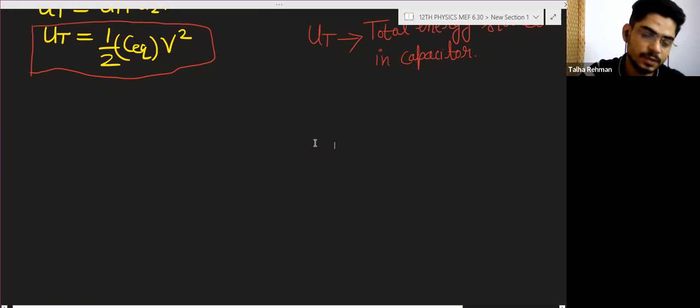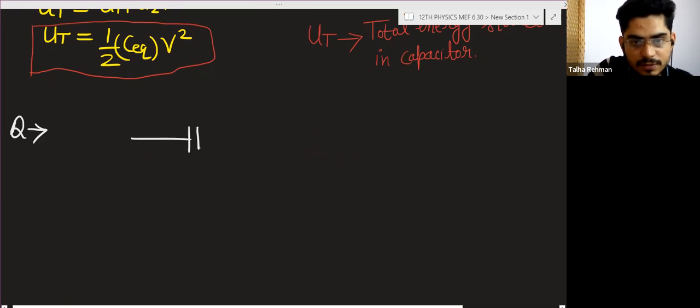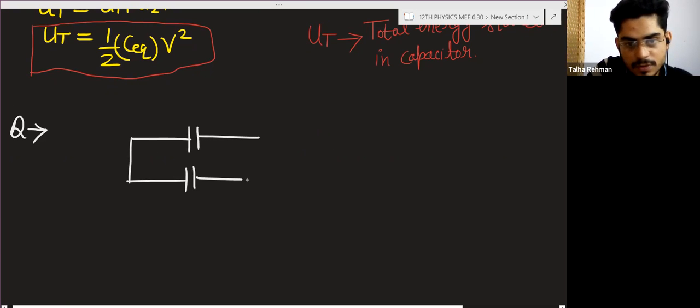Okay. So next question is, two capacitors are like this and connected with a battery of 10 volts.